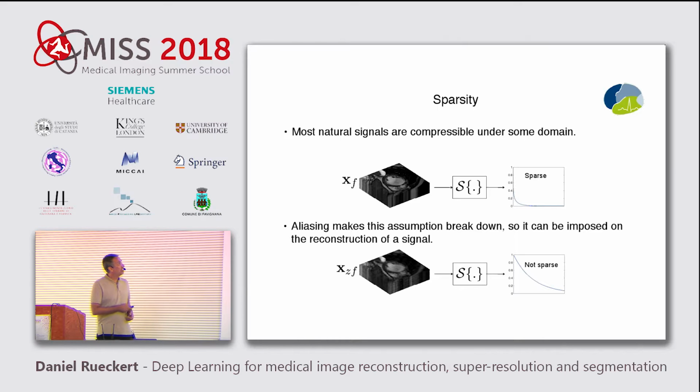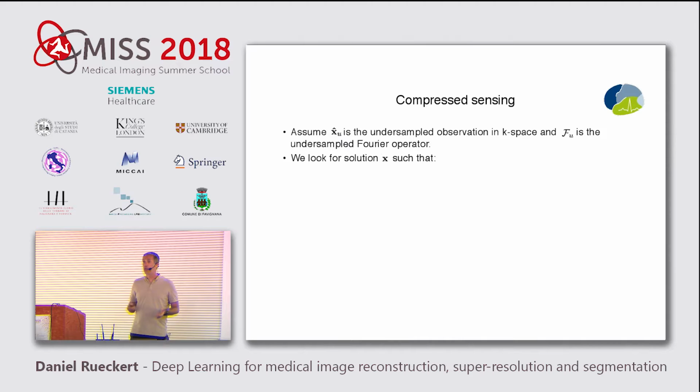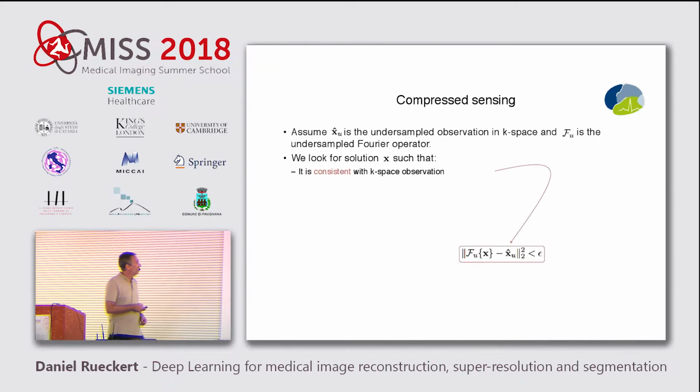So in compressed sensing, I would basically set up the problem as follows. I have my undersampled observation in k-space. I have an undersampling Fourier operation, and I'm looking for a solution X, so the fully sampled k-space, so that it's consistent with what I've measured in k-space. So for every measurement in k-space which I've made, my recovered k-space needs to agree with it.